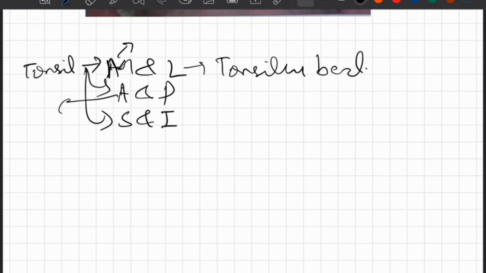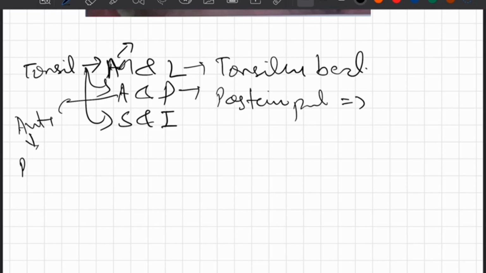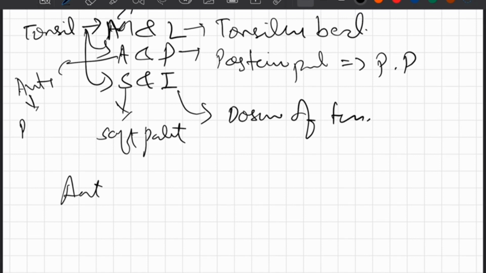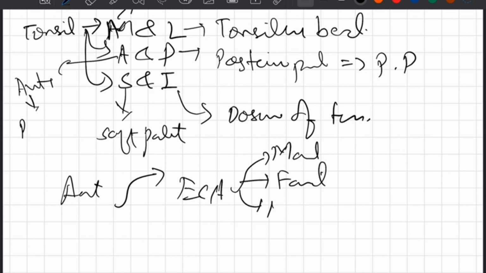Anteriorly it is related to the anterior pillar, formed by palatoglossus, and posteriorly to the posterior pillar, formed by the palatopharyngeal muscle. Superiorly it is related to the soft palate, inferiorly to the dorsum of the tongue. Arterial supply is mainly by the external carotid artery, which gives the maxillary artery, facial artery, ascending pharyngeal artery and lingual artery.